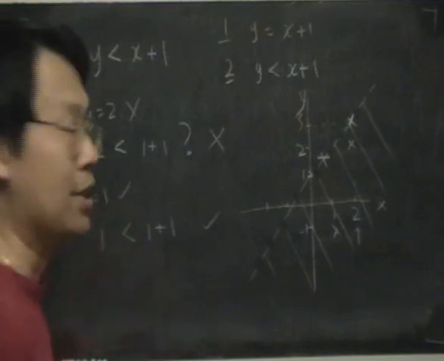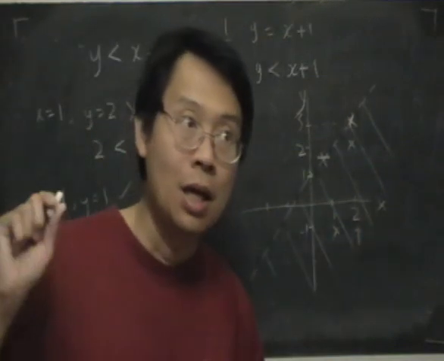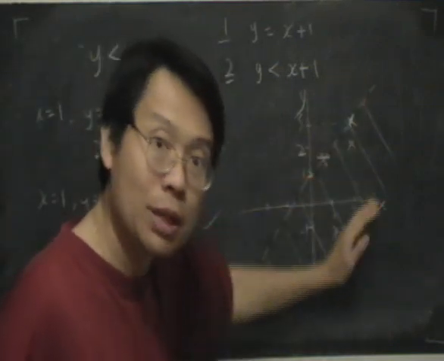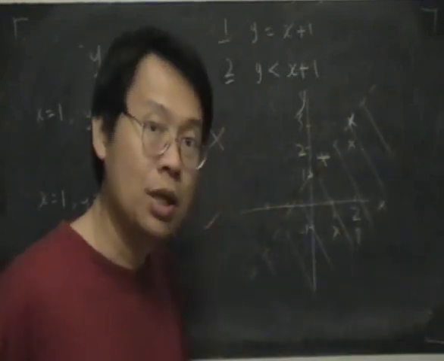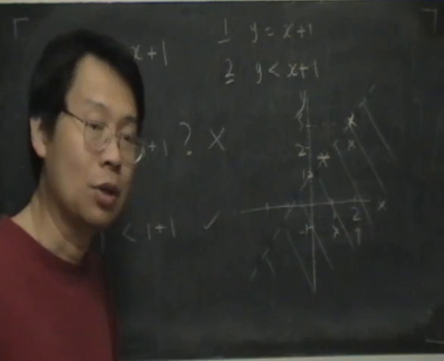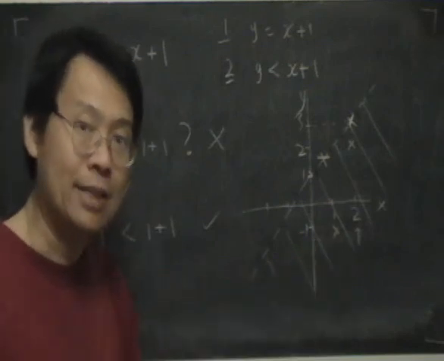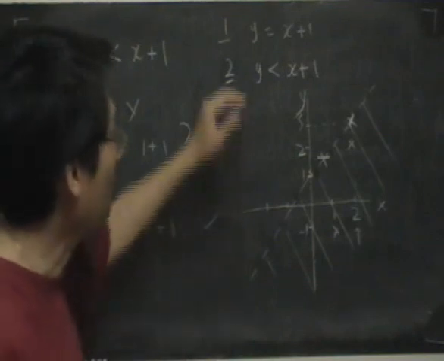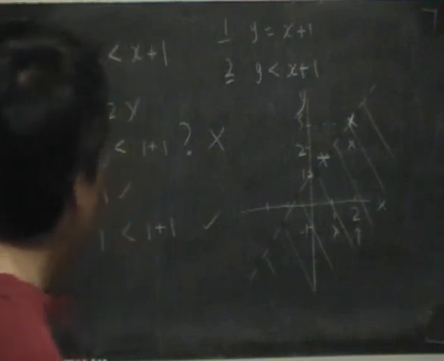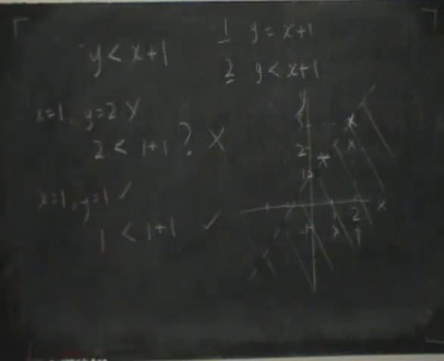I have a dashed line to represent that points on the line are not allowed. Only points which are below the line in this shaded area are allowed. Only those points in this area will have possible x and y values for this inequality. So that's how we deal with x and y inequalities.